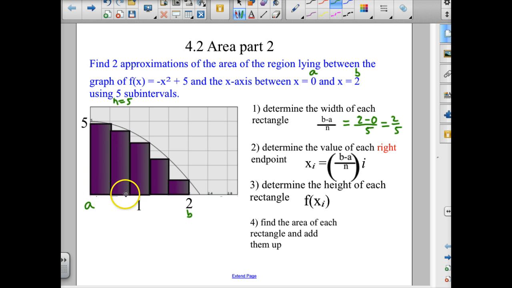2/5, 4/5, I might as well write them in. 2/5, and that will be 4/5, and that's 6/5. So you can see that the number 1 is right there, which would be 5/5, and then 7/5, and then 9/5. My 2's in the wrong place.